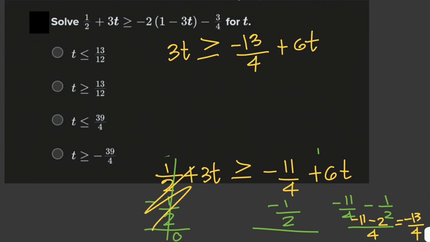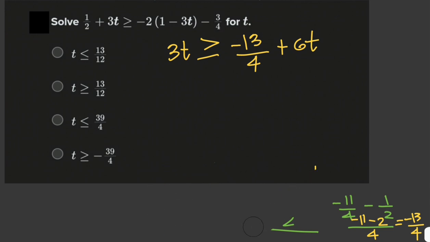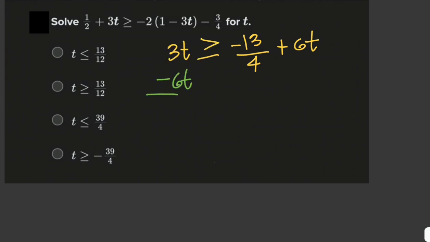And now we need to combine the terms with the variable t, so we can isolate t and solve for its value. So we just have to subtract 6t from both sides.